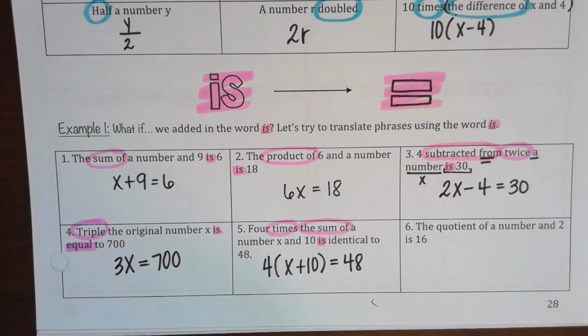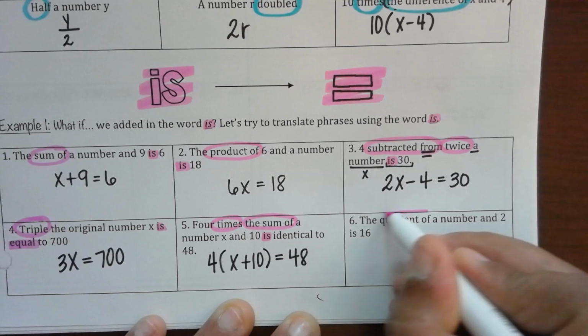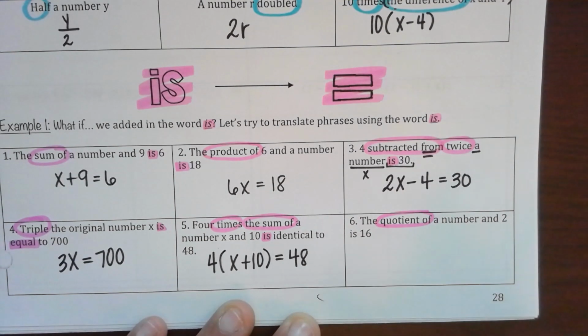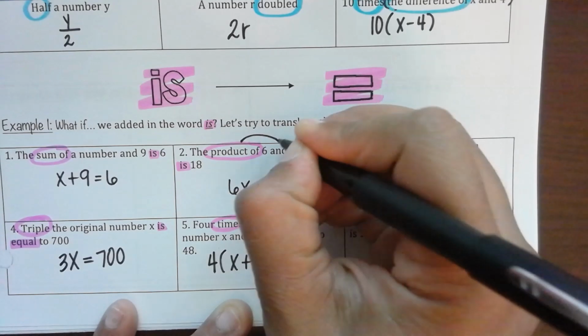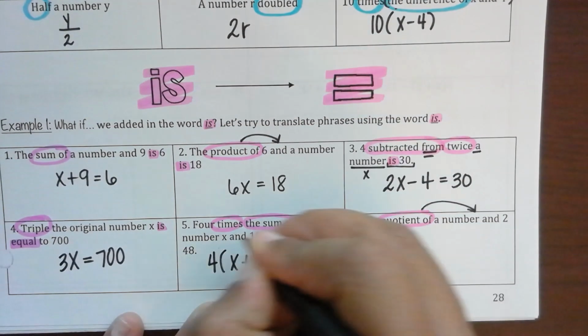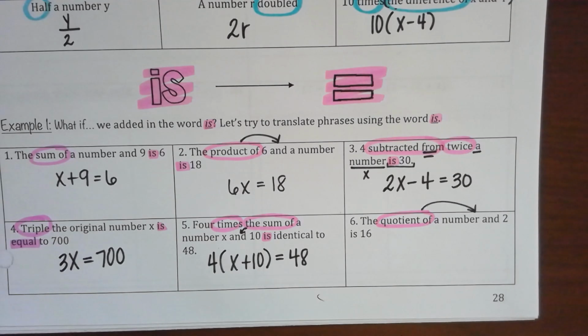You see why highlighting is essential for this? It's important. That way you know where your information is coming from. The quotient of a number and 2 is 16. What are your operational phrases here? I see an of, so I must look for an and. And just because I didn't say it in this one or in this one right here, because there's the and that goes with it, it still applies.